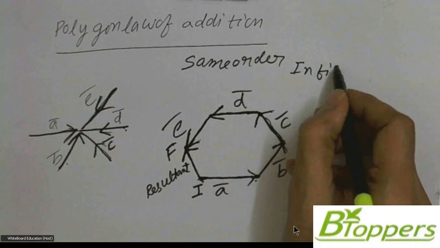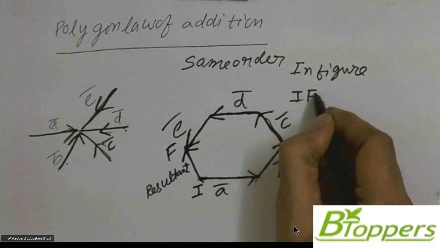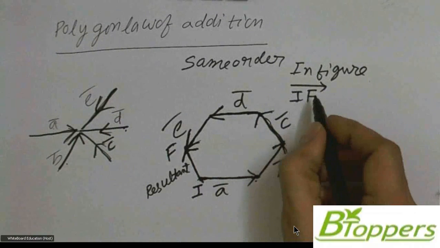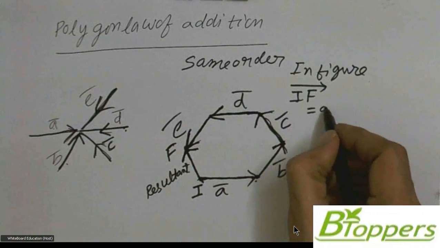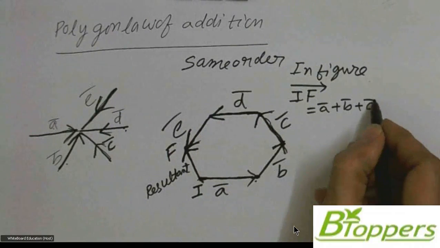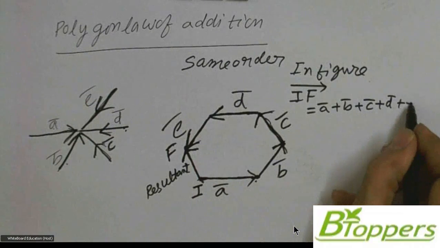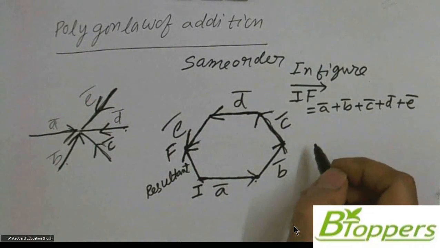So in the figure here, the directed line segment IF bar represents the vector sum of A bar, B bar, C bar, D bar and E bar.